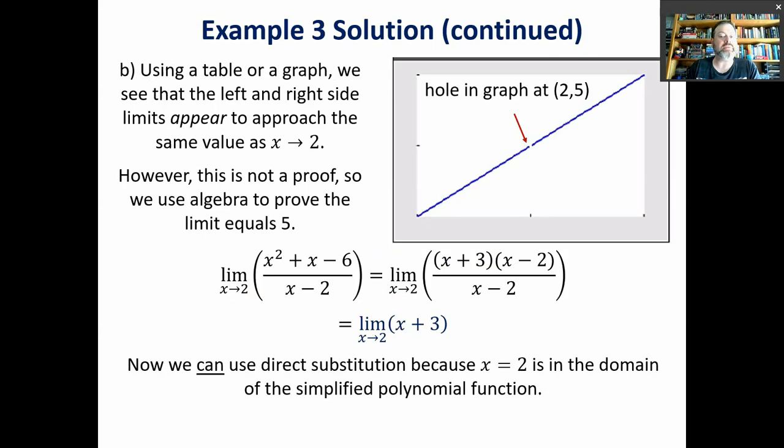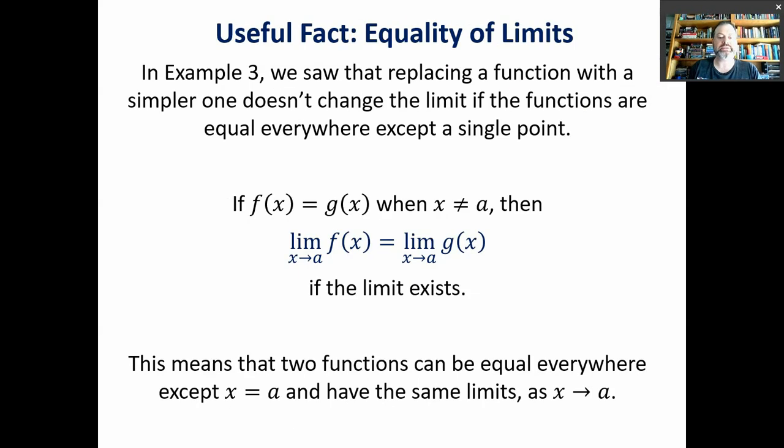And that just came from this problem here, right? We replaced a linear function with a hole with a linear function with no hole and got the right answer. This will always work. So that's why it's a useful fact. So this is our goal, to use this useful fact.